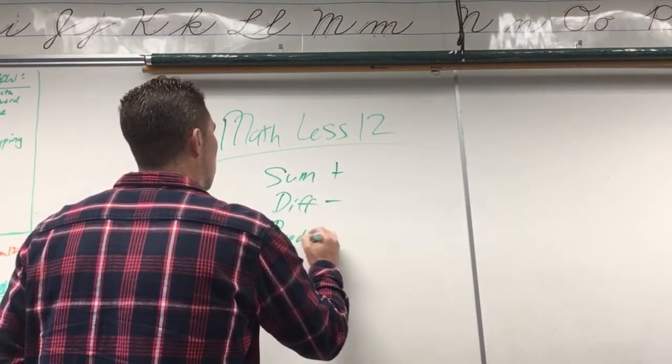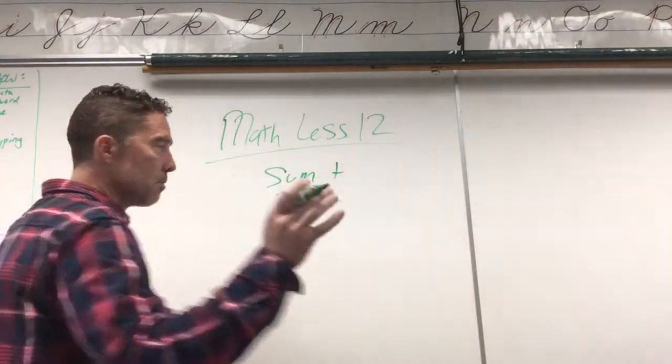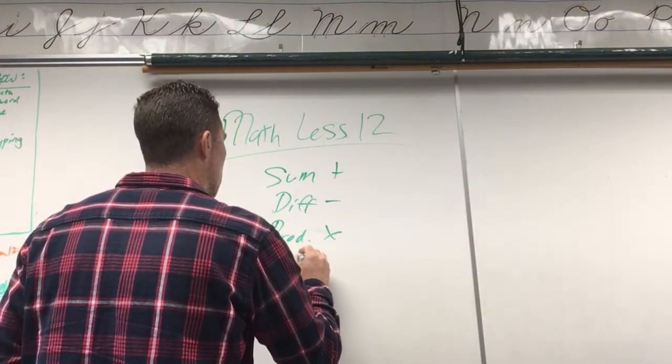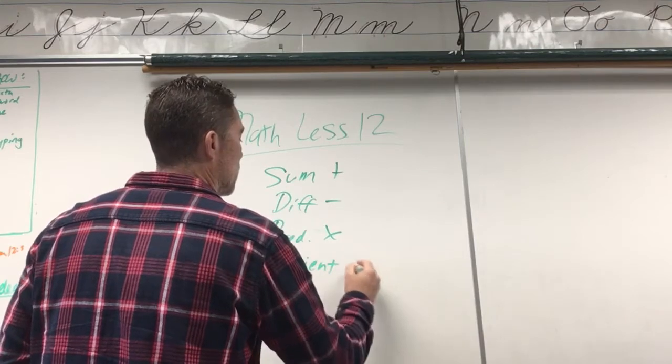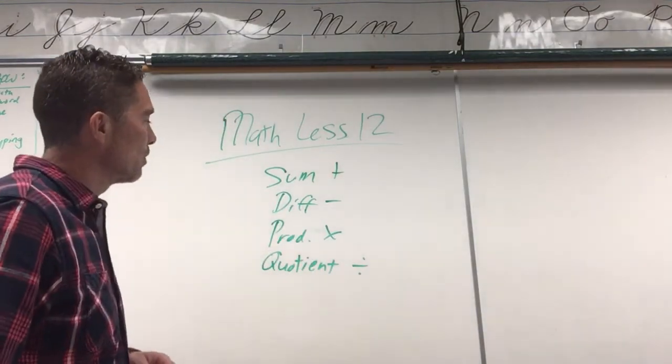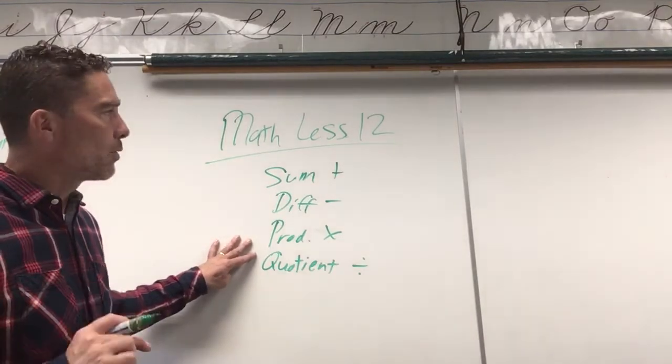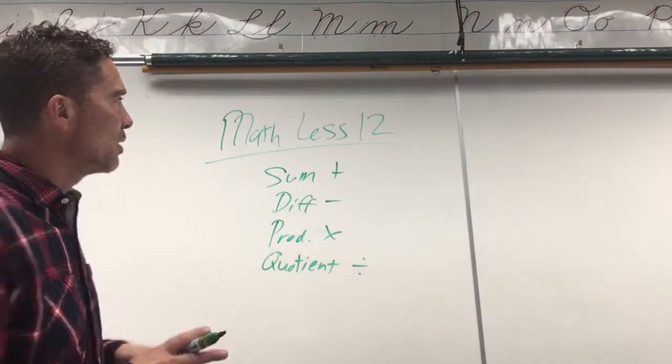Product is the answer to a multiplication problem. And a quotient is the answer to a division problem. Those need to be second nature to you. Make sure you review those a couple times. They do it in lesson 12.